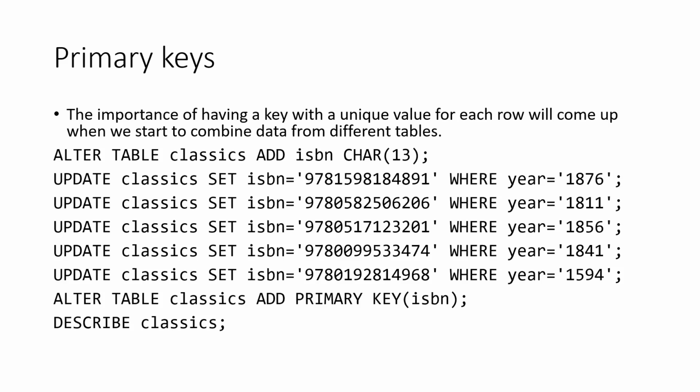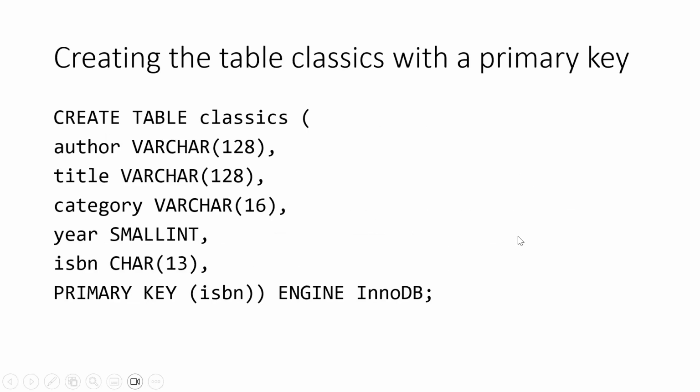So again, you could try this, so I'm not going to spend time on that. And when you want to create the primary key when you create the table, that's direct. So you can say ISBN, in this particular case, we created with 13 characters, and then we decided it as a primary key.